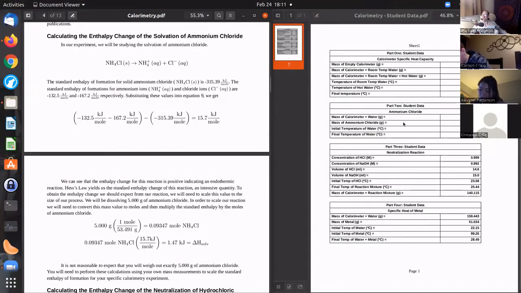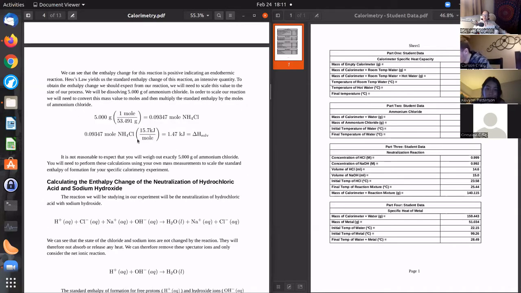Okay, so we know the mass of ammonium chloride that we have, right? So what do we do? We go and figure out the formula mass of ammonium chloride, right? Where we add up the value of nitrogen and hydrogen and chlorine from the periodic table, right? And we decide that it's 53.491 grams per mole.